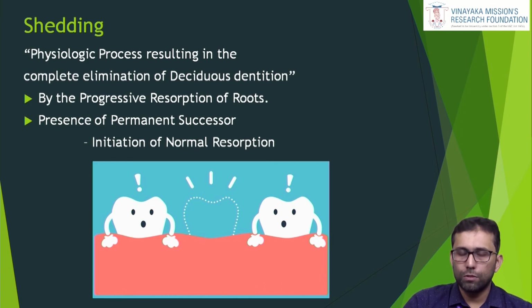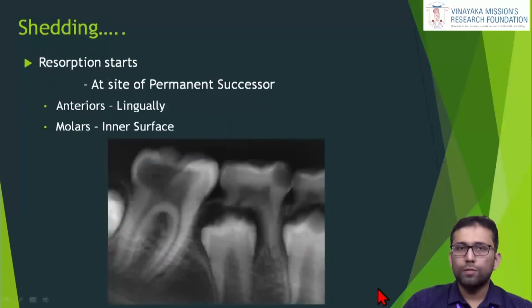So to initiate the normal resorption of a deciduous tooth, which will result eventually in the shedding of the deciduous tooth, you need to have a permanent successor under the tooth. The resorption starts at the apex of the deciduous tooth, there are a few patterns for it, and it depends upon the presence of the permanent successor.